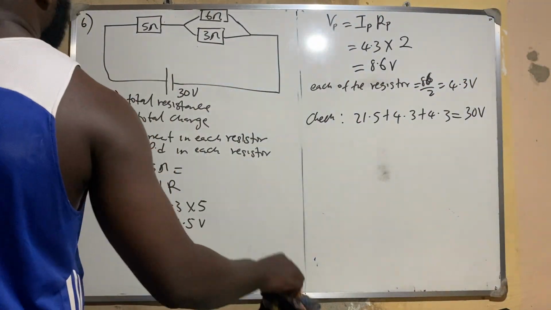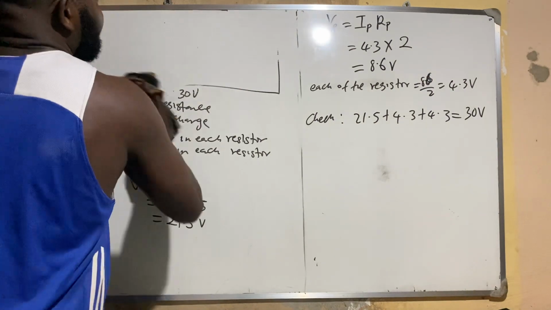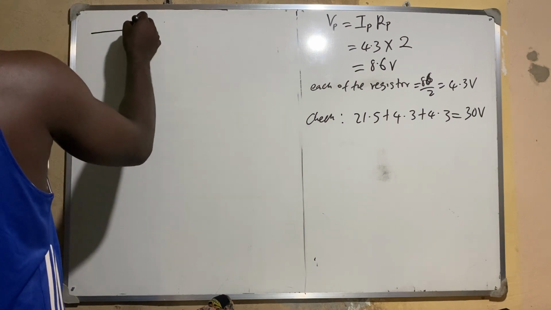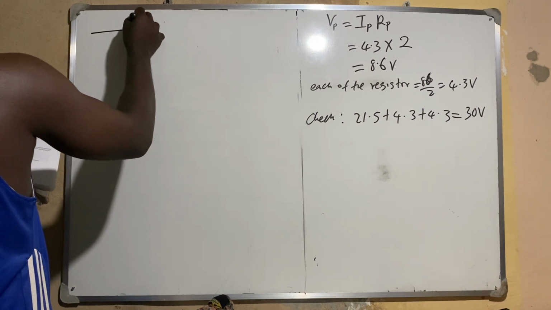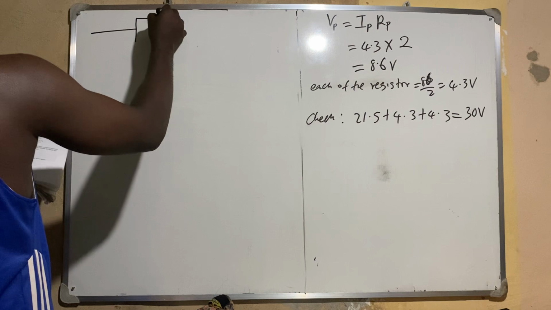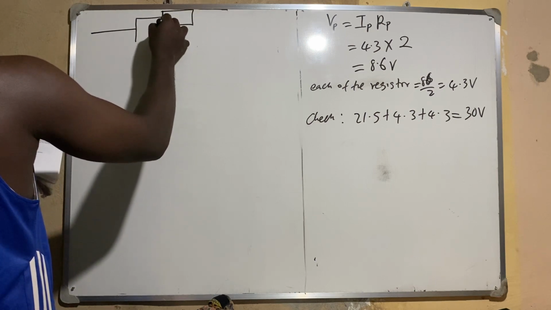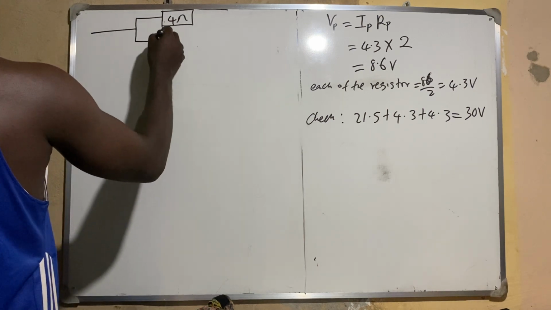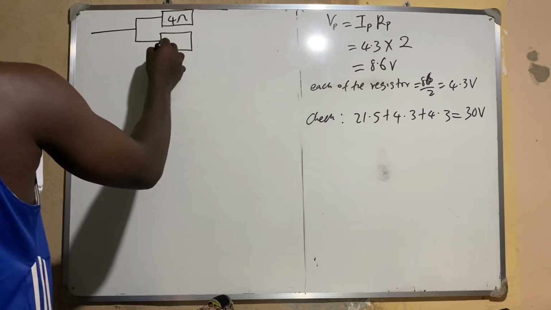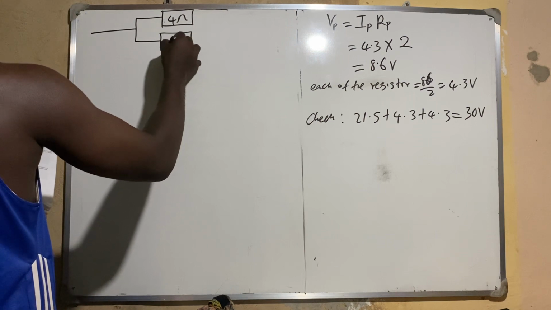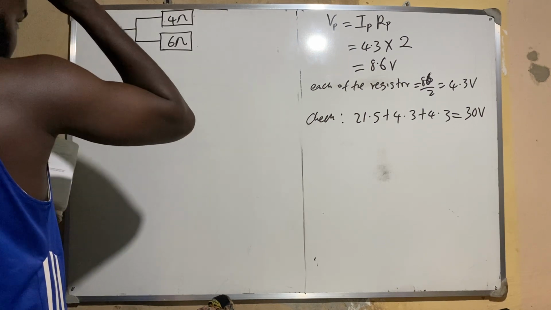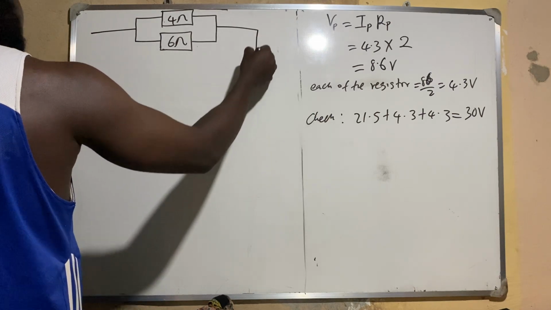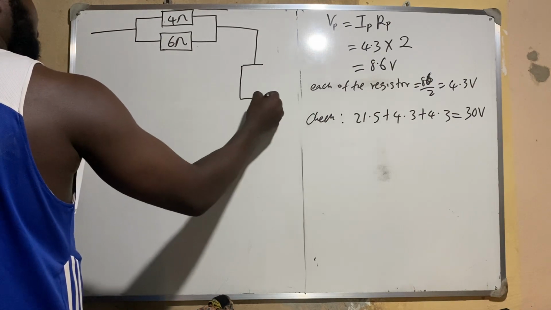Okay, so the next one. The next one here, they gave me something like this. Say this one is 4 ohms, and this one is 6 ohms, connected like this, connected to this one here.